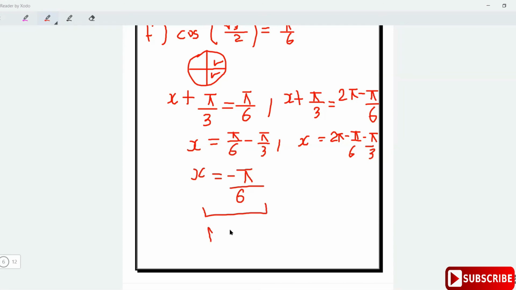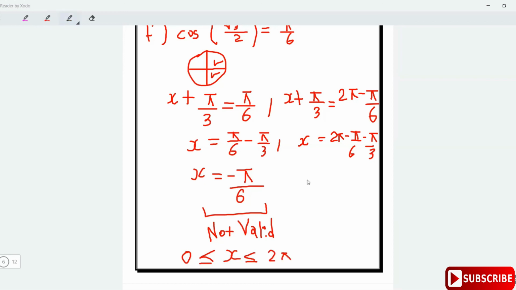You might say, sir, why is this one not valid? Because they want the solution when x is between 0 and 2 pi, and this is less than 0. Remember, x is supposed to be between 0 and 2 pi. So this one is not valid, so we only need to worry about this solution.